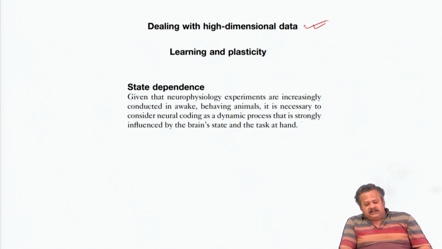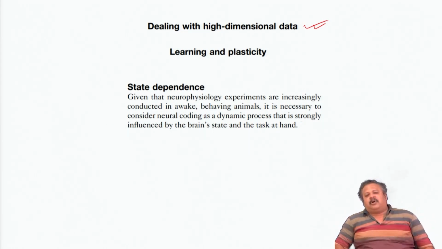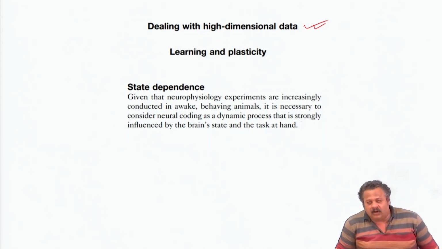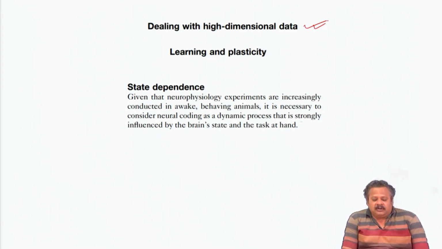And so far in this course, and usually in any theoretical neuroscience course, we talk of learning and plasticity based only on input-output activity. We look at plasticity rules based directly on input-output activity, but we bypass a number of processes that are happening inside the neuron behind learning and plasticity.